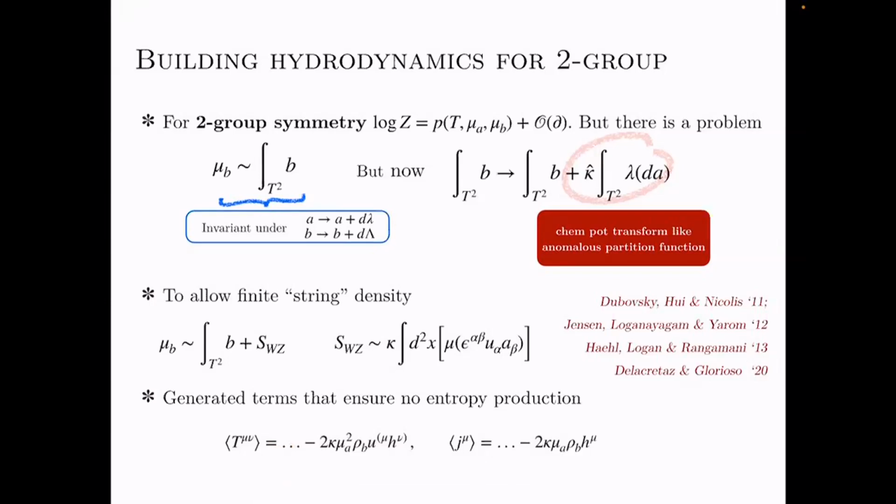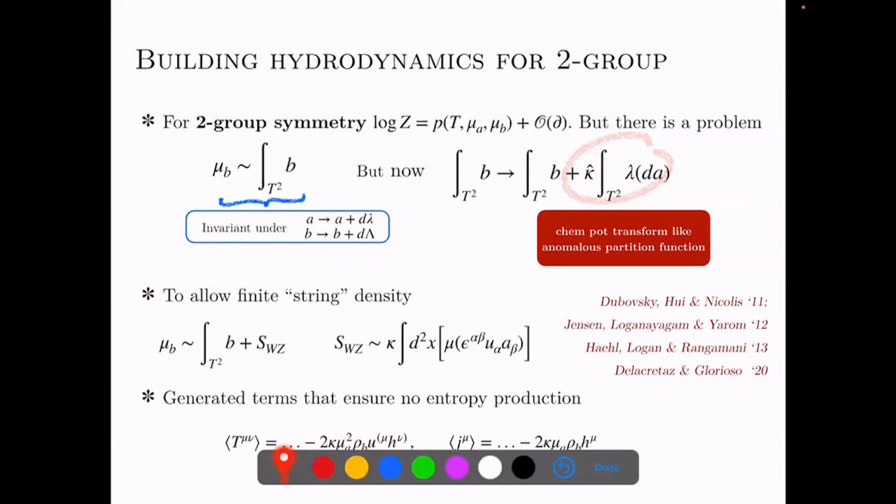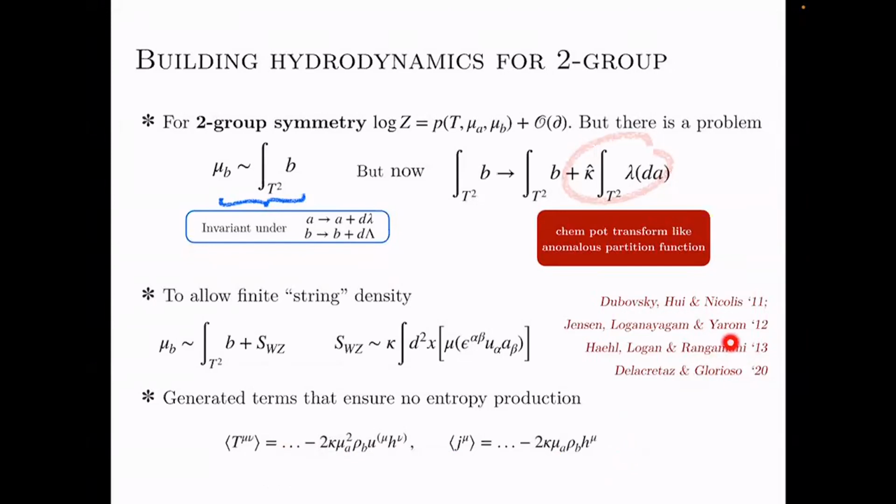So to allow the string density, you need to add some other stuff to make a good chemical potential. There is a trick that people use to do that. I think the one most closely related to this would be the one by Dubovsky, Hui, and Nicolis. And there are generalized versions that have been explained better over the years. But there's a procedure that you can do.